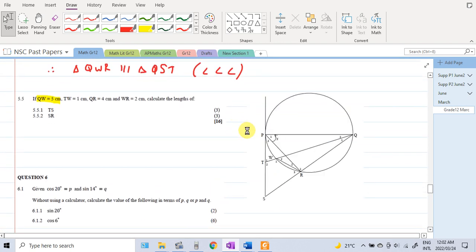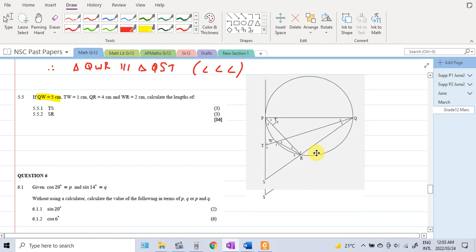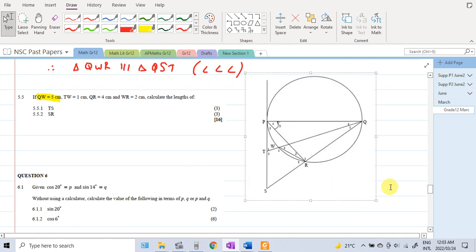So we know that this angle is equal to x, and that angle was equal to x. Now what they're telling us is QW is 5. So this length over here is dealing with this triangle over here. So let me write triangle QWR is similar to triangle QST.